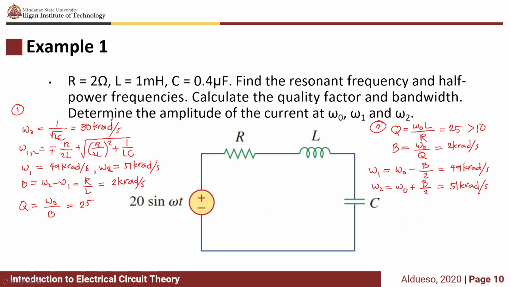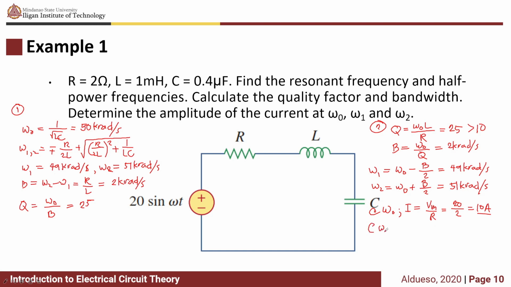Lastly, determine the amplitude of the current at omega naught and the half power frequencies. At resonant frequency, I is equivalent to Vm over R. We have 2 over 10, which gives 10 amperes.